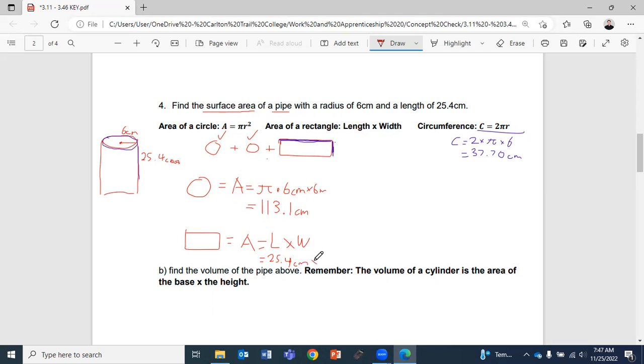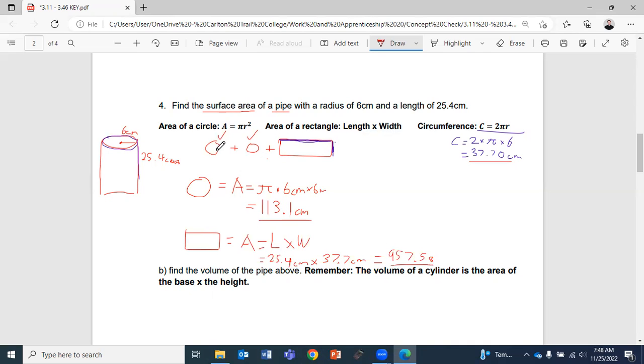And then I have my width now, which is 37.70 or 37.7 centimeters. And that equals, so 25.4 times 37.7, 957.58. Okay, I now have the area of my rectangle and my circle.